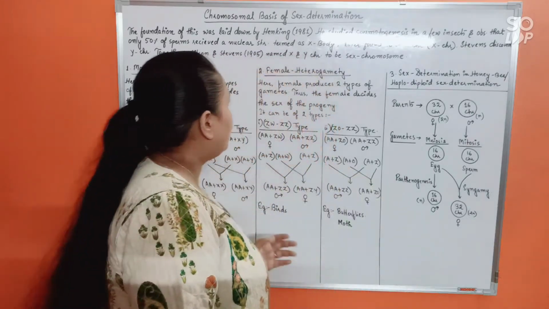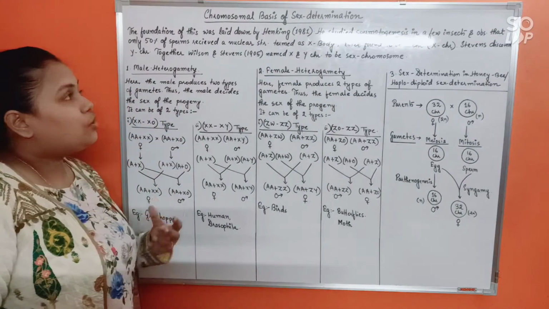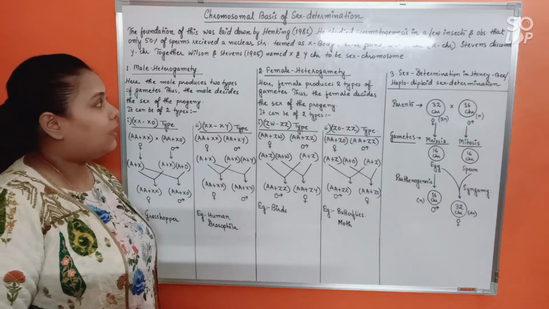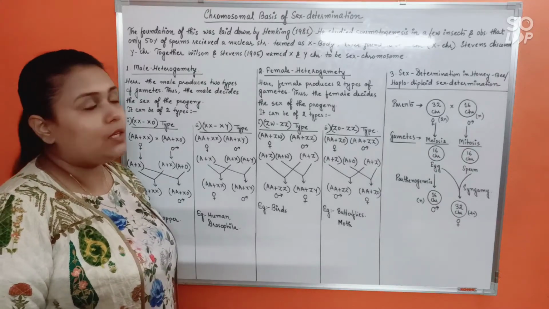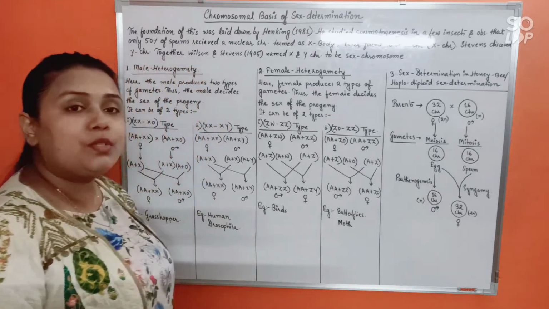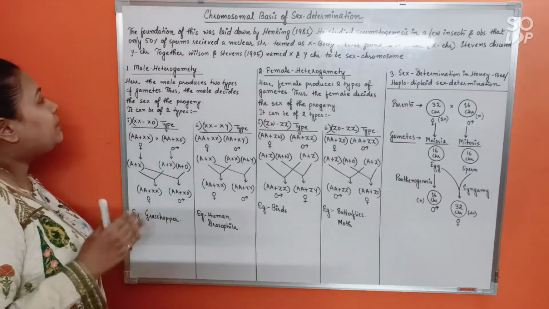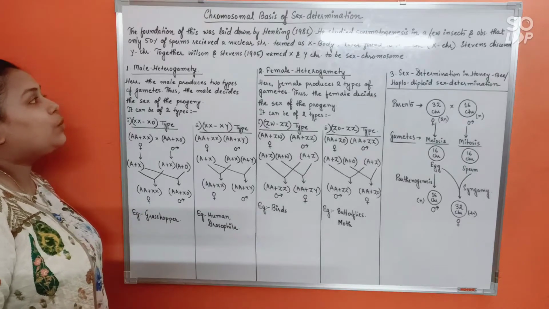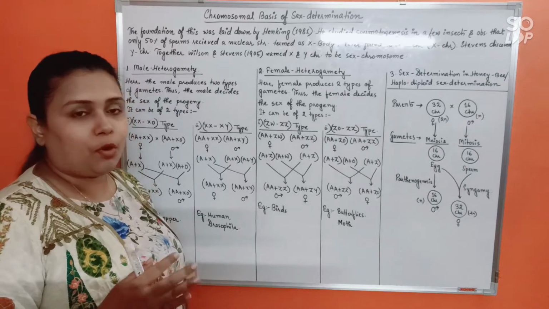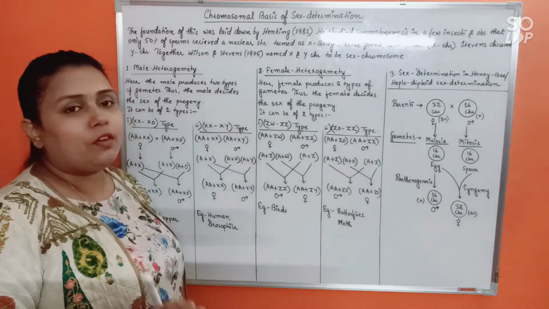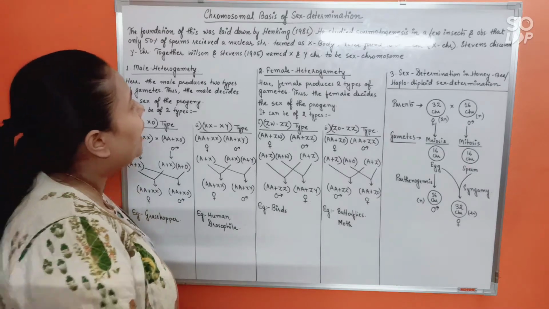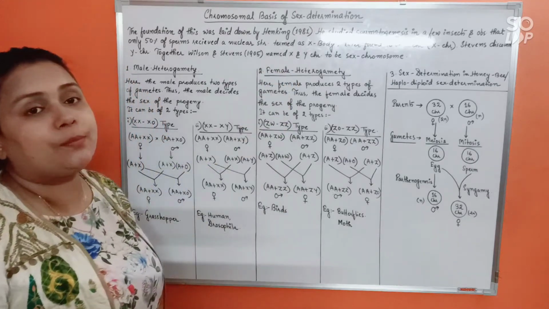See here, the foundation to this chromosomal basis of sex determination was laid down by Henking in 1891. He studied spermatogenesis in a few insects and observed that only 50% of the sperms received a nuclear structure, which was termed the X body.